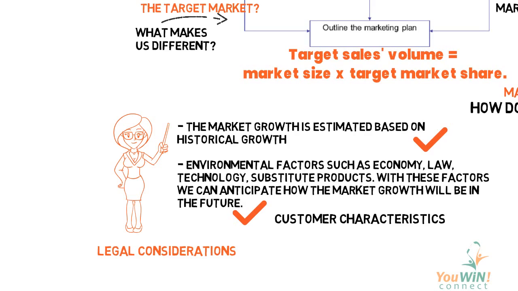They can be buyers or they can be users. Sometimes both are combined. For example, when we buy Coca-Cola to drink, we are the buyers and we're the users. But sometimes these two could be different. For example, when we buy notebooks for our children, we are the buyers, the children are the users.